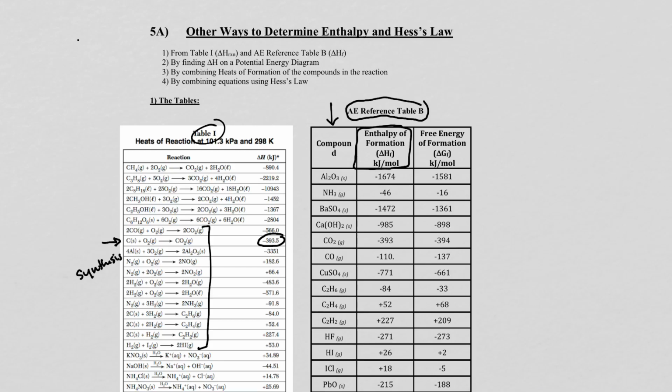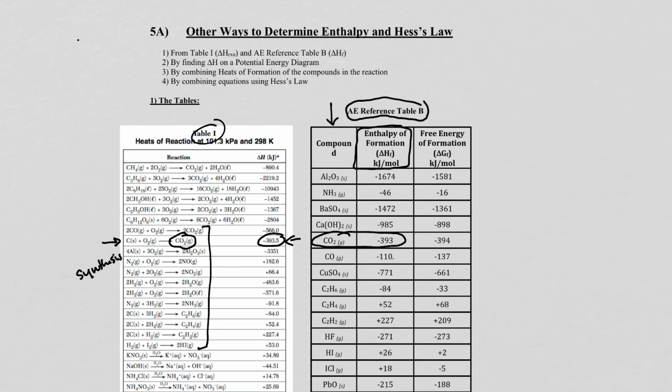For example, in reference table I, we saw the formation of carbon dioxide gas to be negative 393.5 kilojoules to make that 1 mole of carbon dioxide gas. Well, that information is essentially shown here to a different number of significant figures. So the formation of CO2 gas from its elements would release 393 kilojoules to make that 1 mole. I recognize there's a discrepancy in the significant figures and possibly the rounding, but essentially you can see that that information is the same.